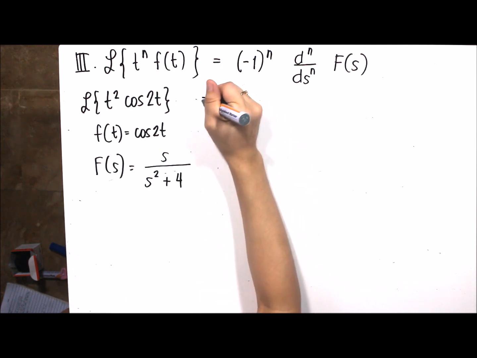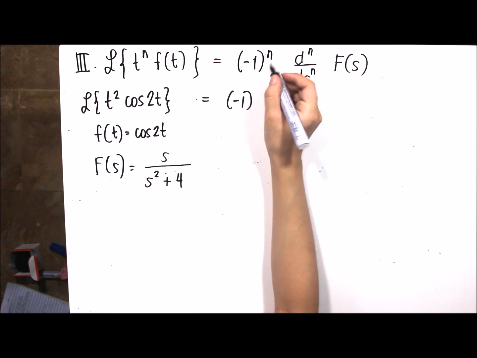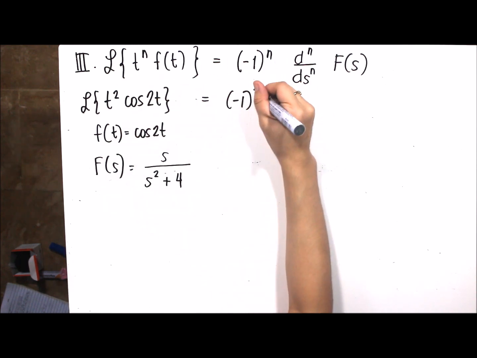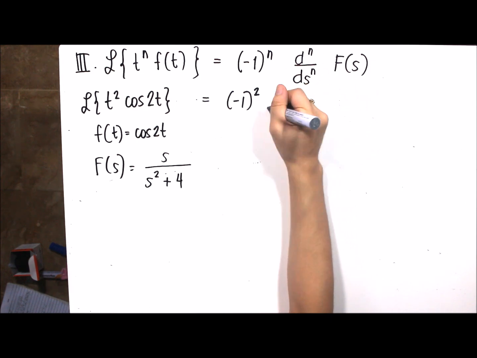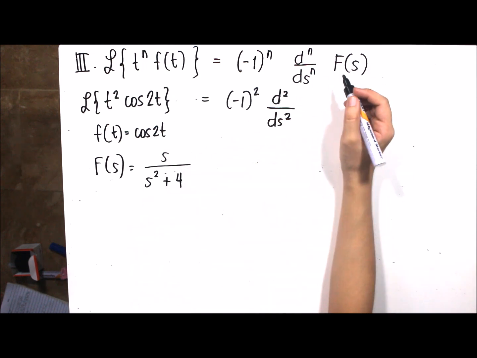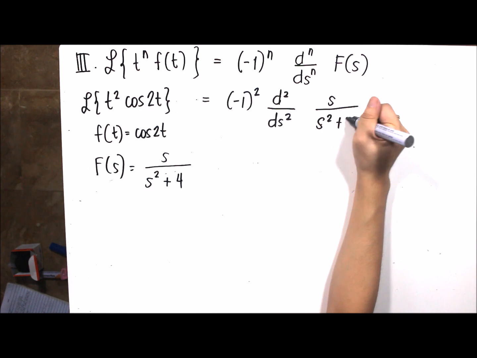Next, applying the formula, we have negative 1 raised to the exponent of t. So that would be 2. And in the same exponent, we have the second derivative of F of s. Our F of s here is s all over s squared plus 4.